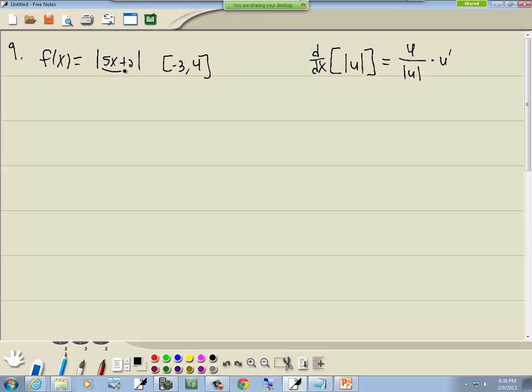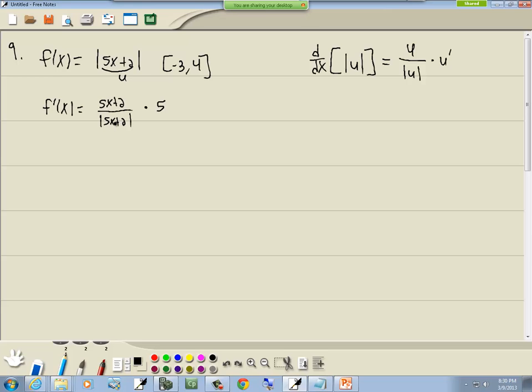So for our derivative, that's going to equal u, which was 5x plus 2, over the absolute value of 5x plus 2, times the derivative of 5x plus 2, which is 5.